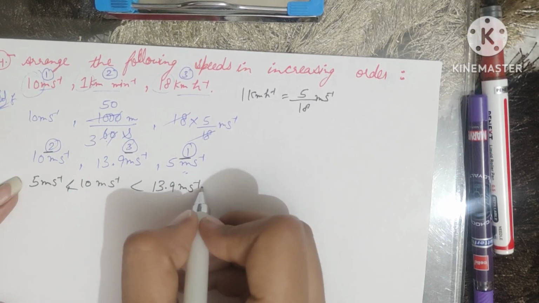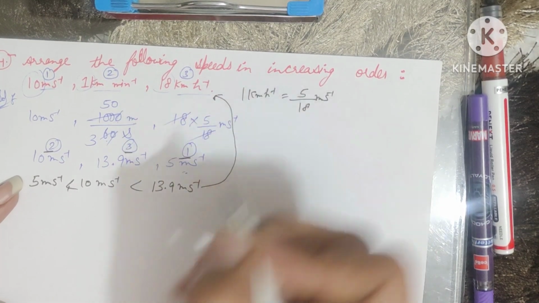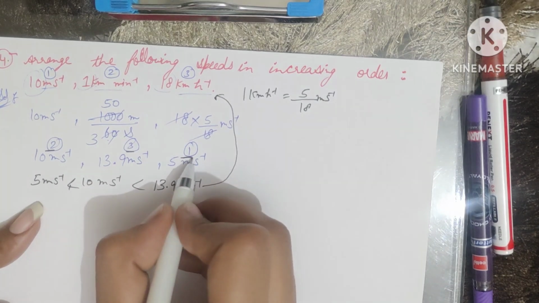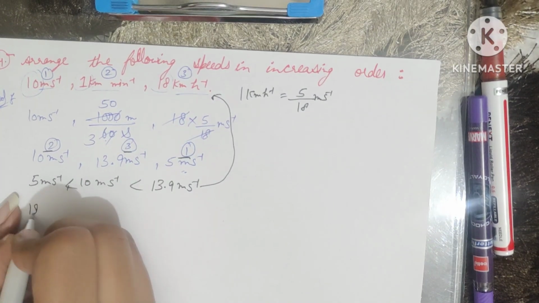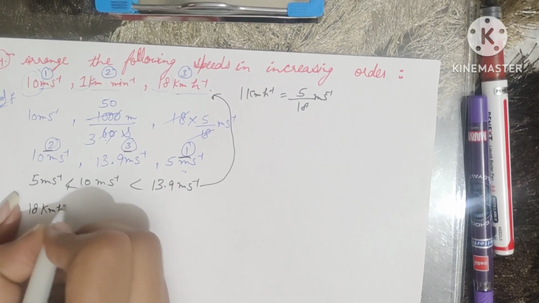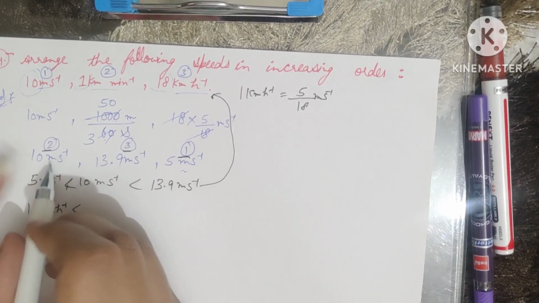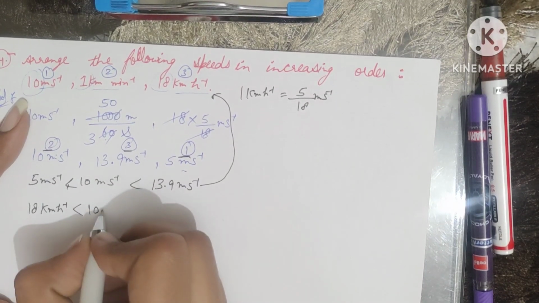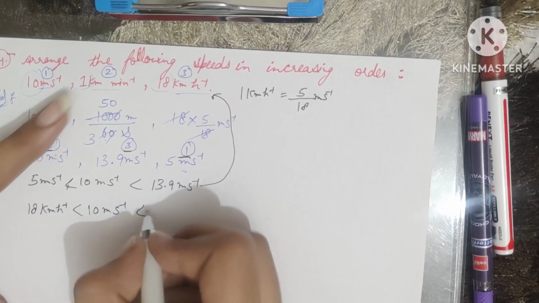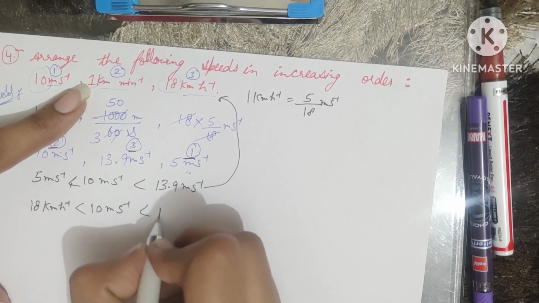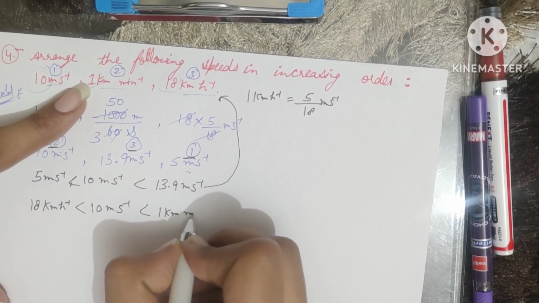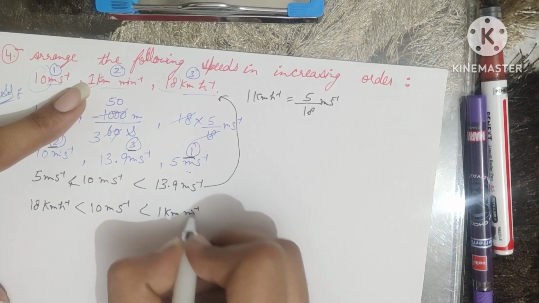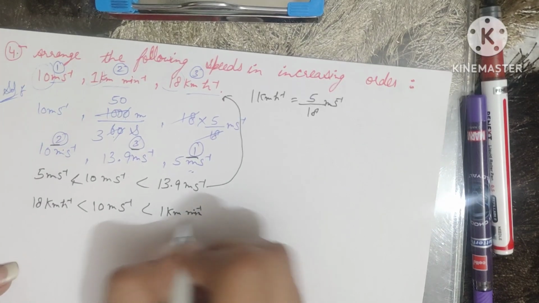If I arrange these into the original question form, I will get: at the first number, that is number 3, 18 kilometer per hour is lesser. Then at the second, this 10 meter per second. Then at the third, it is 1 kilometer per minute. It means this is the greatest one.